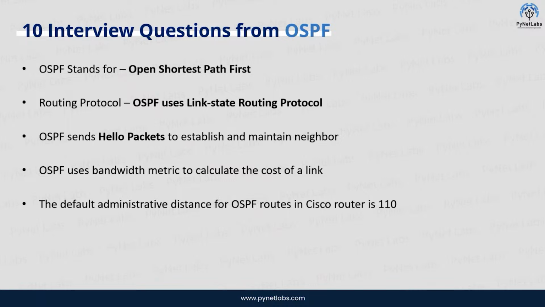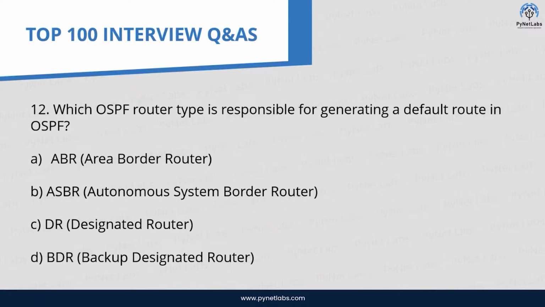Now let's get started with the Q&A series for today's session. We'll continue from question number 12, which says: which OSPF router type is responsible for generating a default route in OSPF? This question is asking you to tell the name of the router. In OSPF, we have some types of routers.